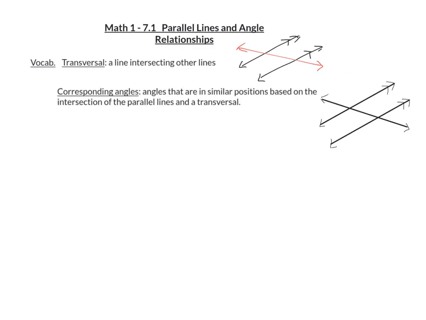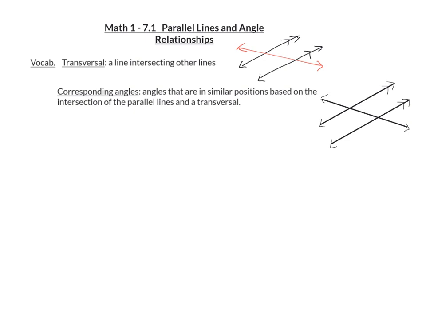Okay, the next word we're going to have is corresponding angles. Those are angles that are in similar positions based on the intersection of the parallel lines and a transversal. So what I did over here, I just recopied two parallel lines being cut by a transversal. Corresponding angles are in a similar position. What I like to do is look at each of the intersections, kind of like on a road.